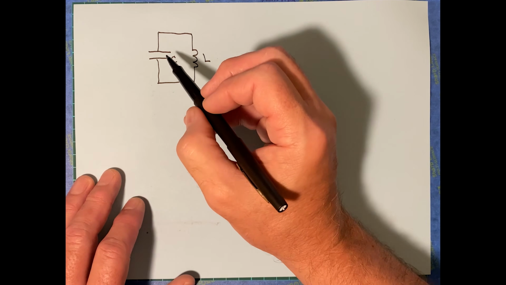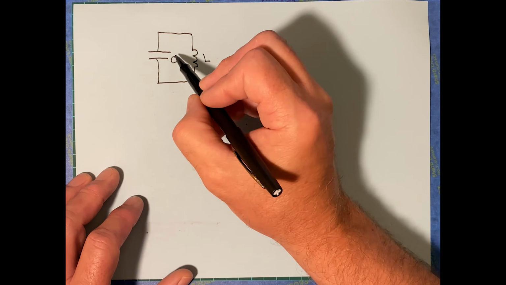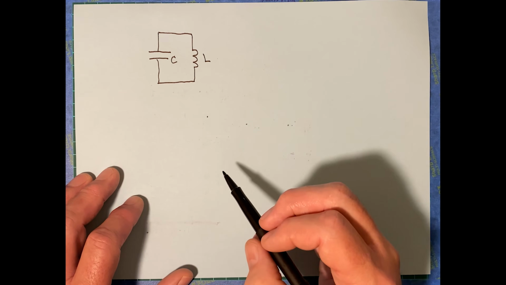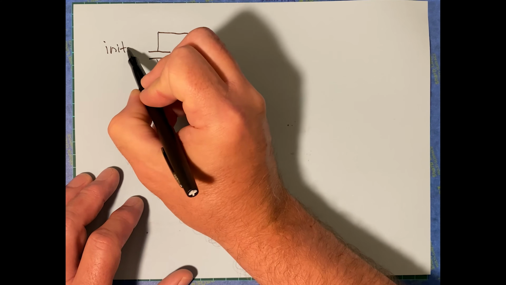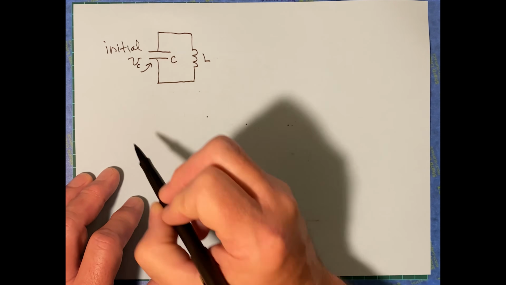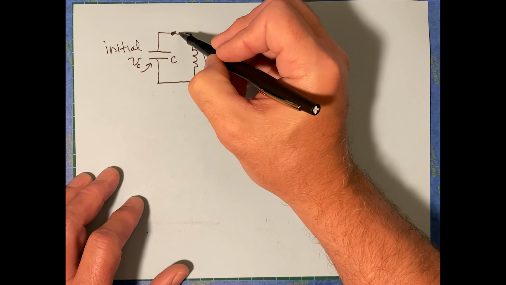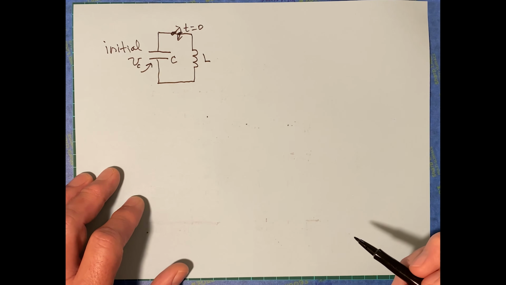So let's say here that we have an initial voltage, some V naught, over here on the capacitor. So we've got an initial V sub C right here. And then I didn't put it in here, but we could put a switch in here, and that switch is closed at t equals 0.